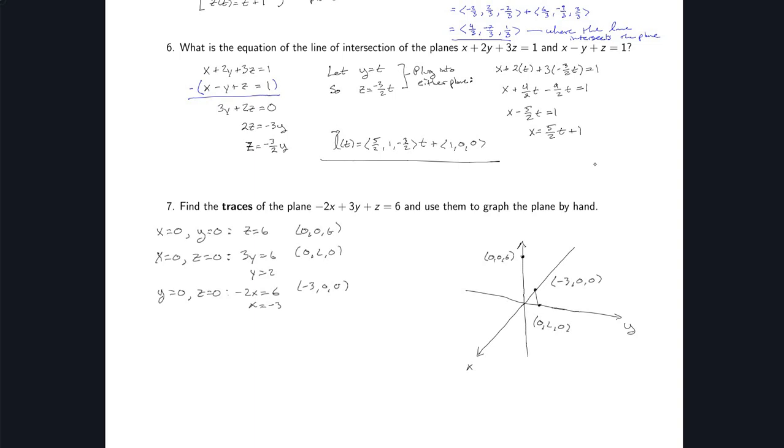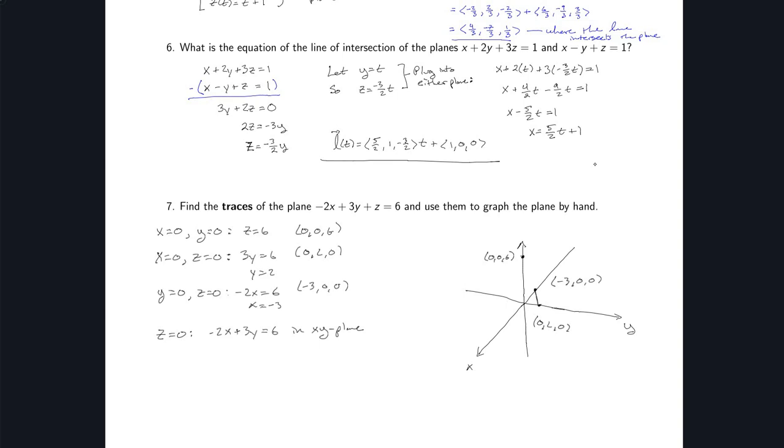Now the line, if z equals 0, the line between 0, 2, 0 and negative 3, 0, 0 is negative 2x plus 3y equals 6 in the xy plane.